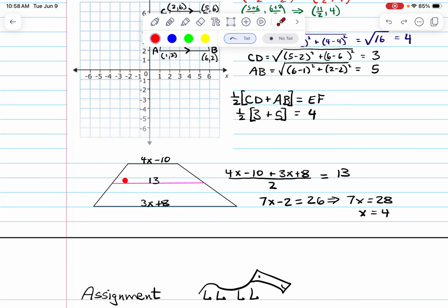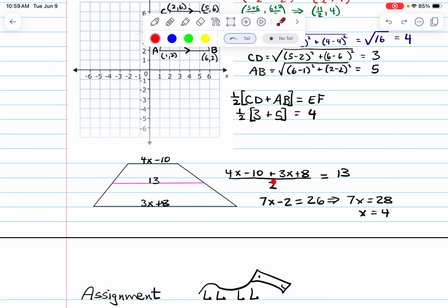So you can see that here. I've got a trapezoid. Let's suppose this is the median. If the median is 13, then I know that this plus this divided by 2 has got to equal 13, because 13 is 1/2 of the sum of those. So look, I've got 4x minus 10 plus 3x plus 8, divided by 2, equals 13.